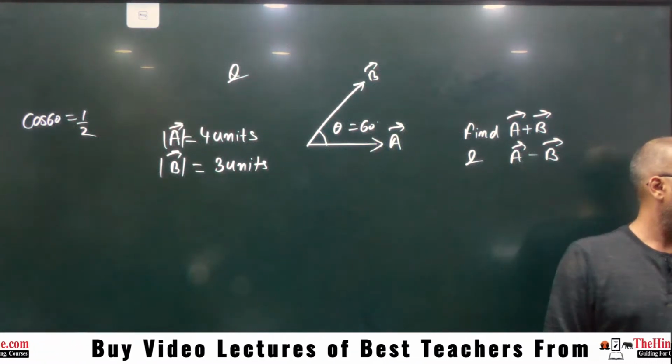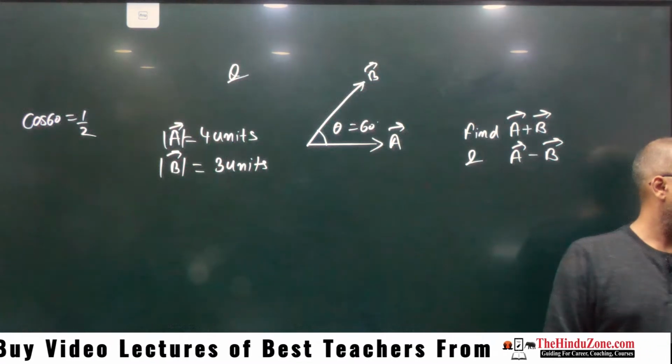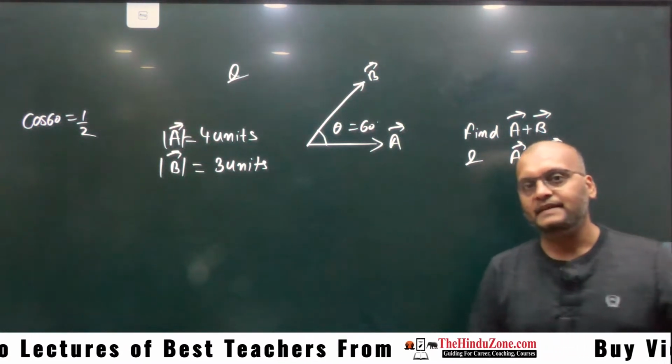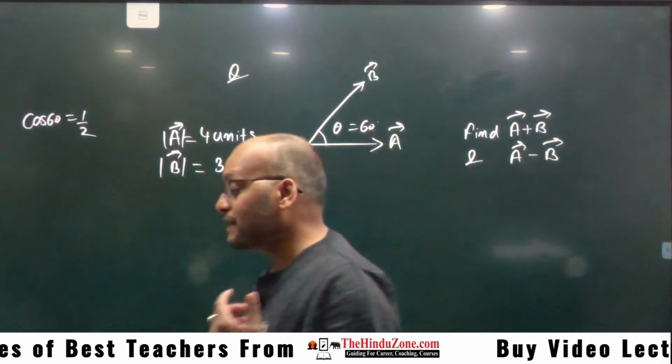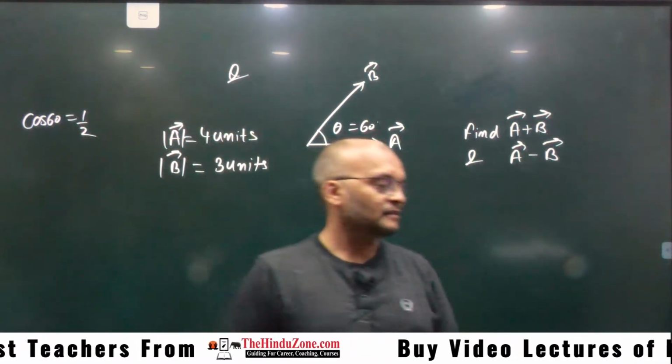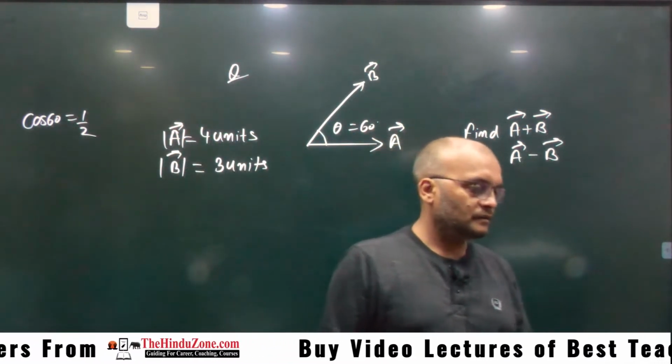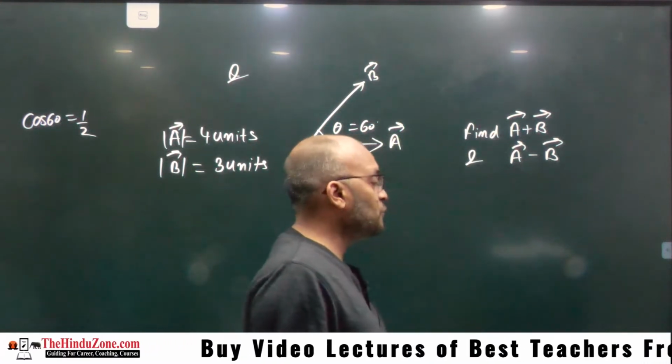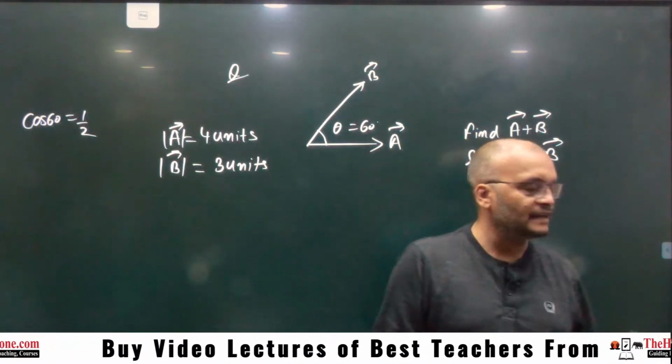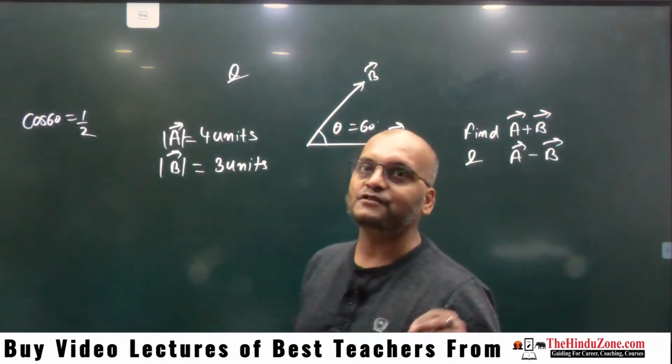Sir, I got the answer, but I'm not sure whether it's correct. It doesn't matter whether it is correct or not. See, how many times should I say? We'll take theta is equal to 60 degrees only. This is the question. You tell me the answer. I will tell when I solve the question.